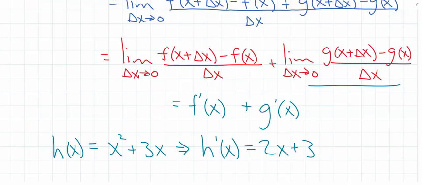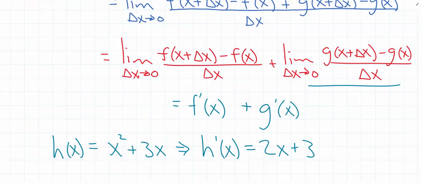Now, we could put that into the difference quotient, and we would have x plus delta x squared plus 3 times x plus delta x minus x squared minus 3x. We could use the difference quotient, but what I want to show you, and that's going to be relevant today, is that you can differentiate across the plus and also the minus.